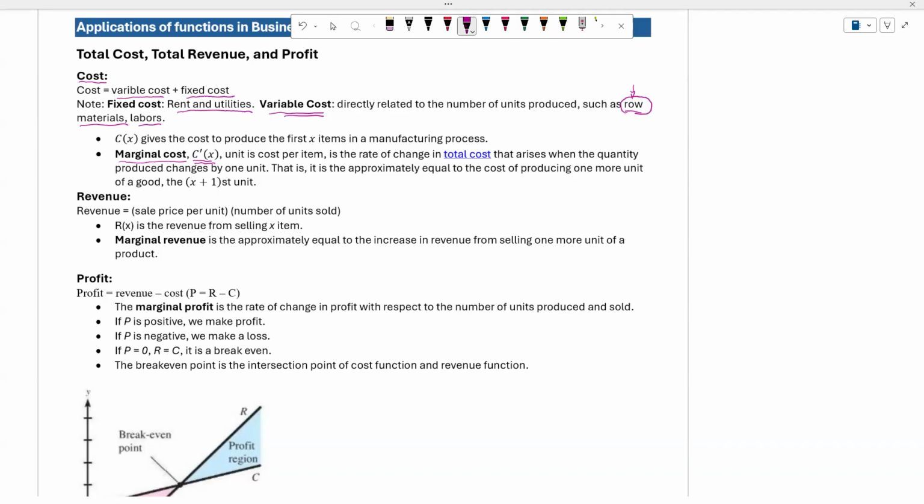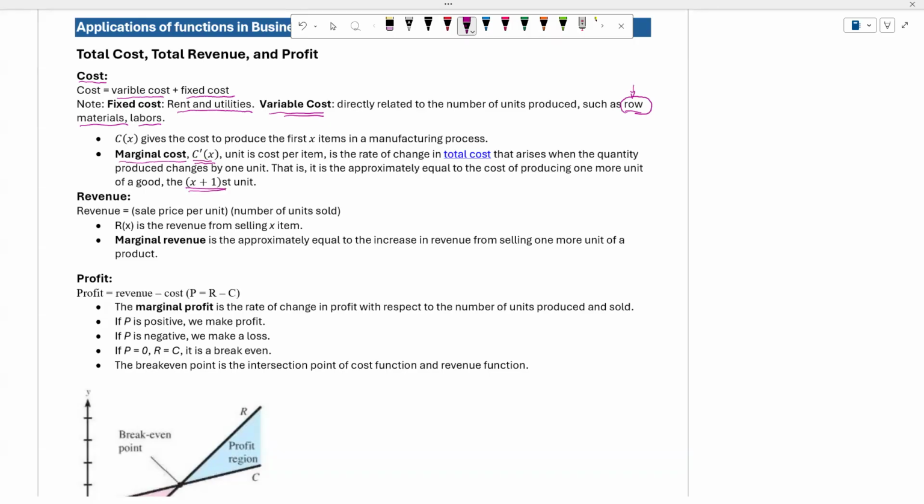Okay, so that's why you have a unit of cost per item. Okay, it's the rate of change in the total cost that arises when the quantity produced changes by 1 unit. Okay, so in this case, the idea about the marginal cost is the additional 1 unit. What is the cost to make an additional 1 unit? Okay, so this is the idea about the marginal cost.